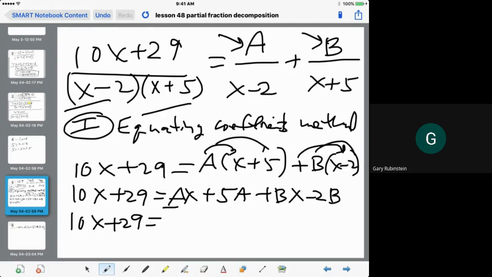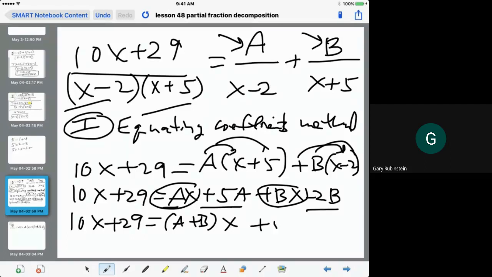What I mean by like terms is the AX plus BX turns into A plus B X. So the terms that have X's in them get put together, and the terms that don't have X's in them, we just kind of write those. So method number 1 has this distributing and combining like terms.